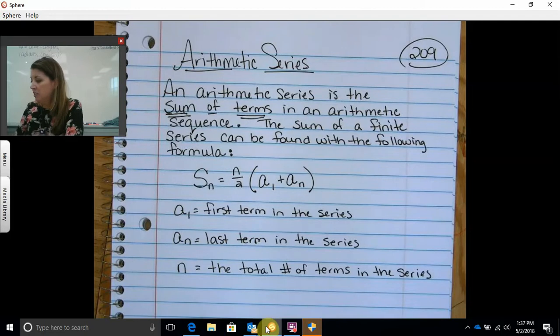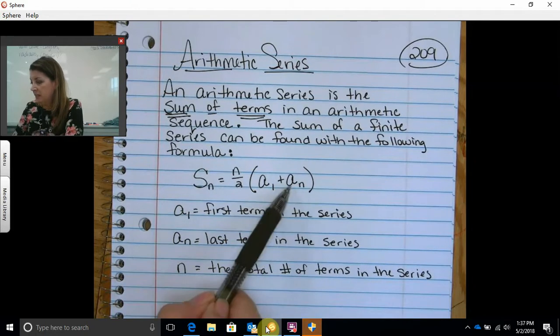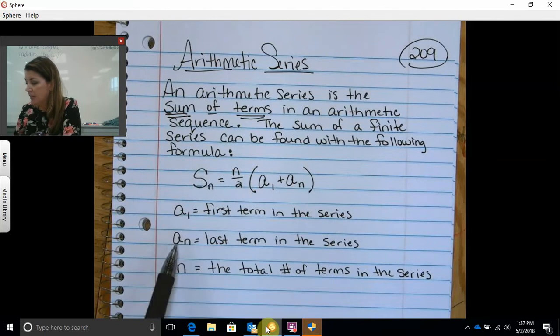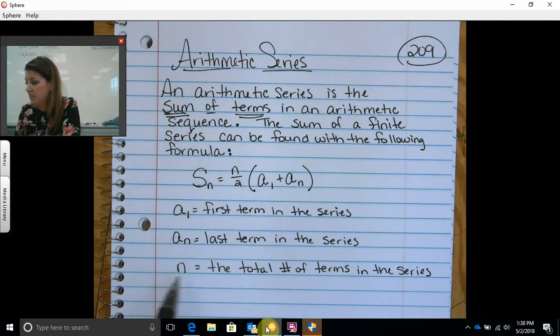And it's confusing because you have an a sub n and you see an n there, okay? And you see an n here. But a sub n is this whole thing. A sub n is the last term in the series, where n by itself is the total number of terms in the series.